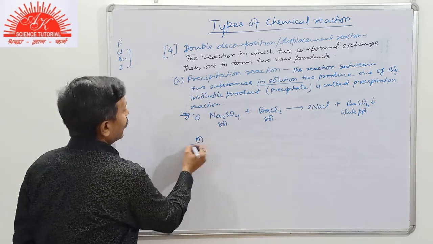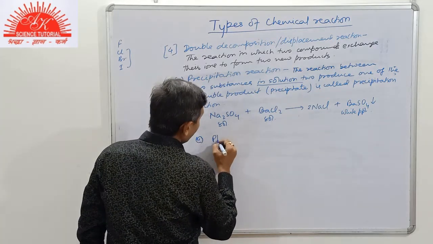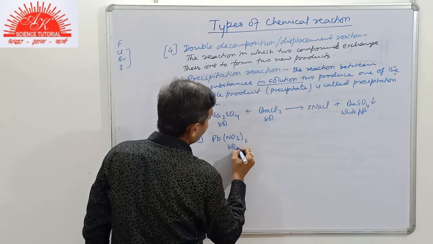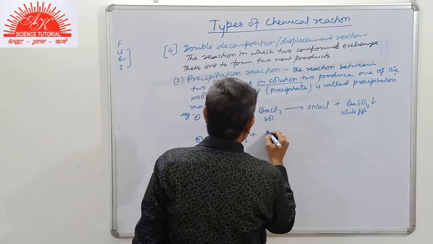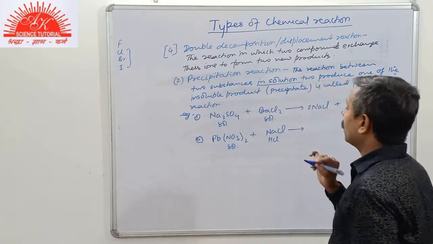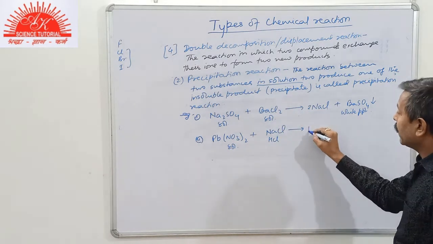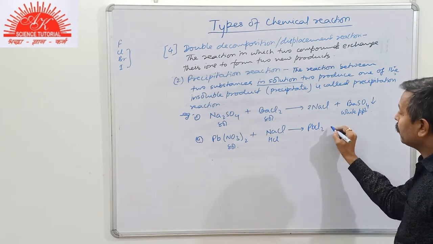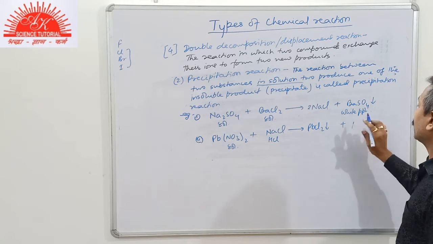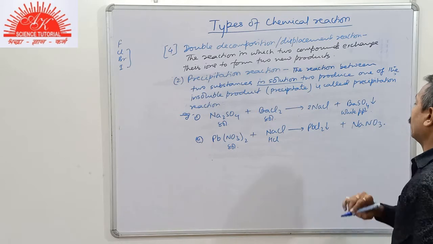Second, suppose we take another example. Suppose we take lead nitrate solution and NaCl or HCl, meaning any chloride salt or acid is used here. A double decomposition reaction takes place. Here it is PbCl2, white precipitate, plus NaNO3 is formed.